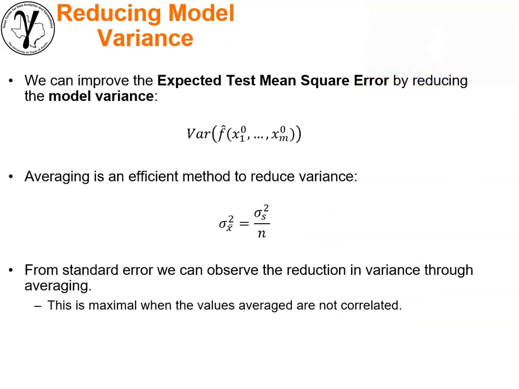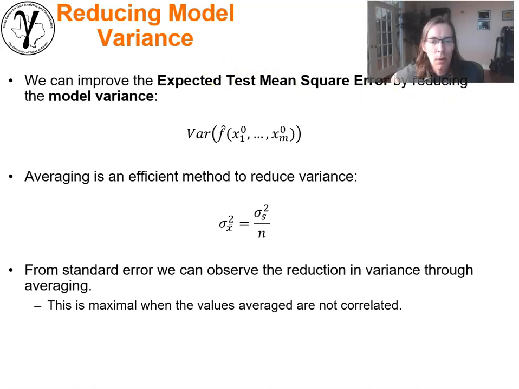It tells us that really at the end of the day, we can improve the expected test mean squared error by reducing the model variance. And in fact, what's interesting is for many models, it's that model variance that's really eating our lunch and reducing our ability to have a very well-behaved model in testing.